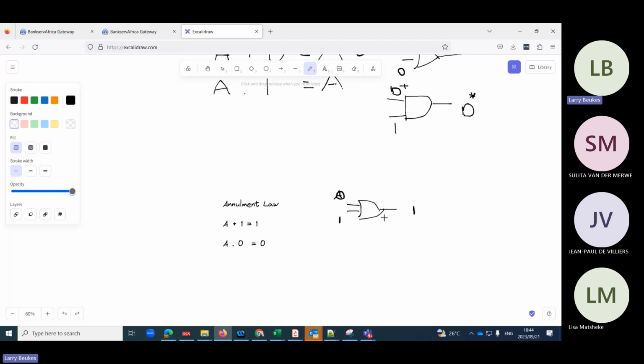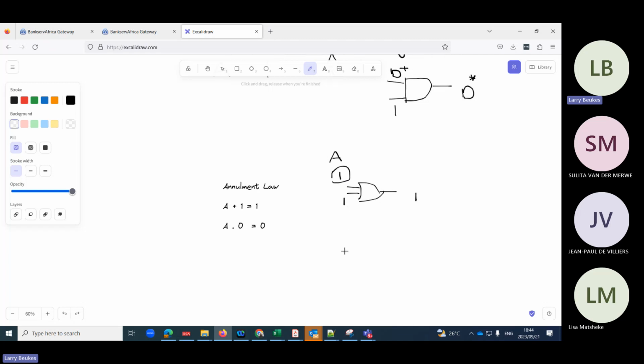If it's 0, the answer is going to be 1 here. This A can also be 1. If this A is 1, the answer is still going to be 1. Do you guys get my point? So for any value here, this is A, any value ORed with a 1, the output will be 1. That's what the annulment law says.